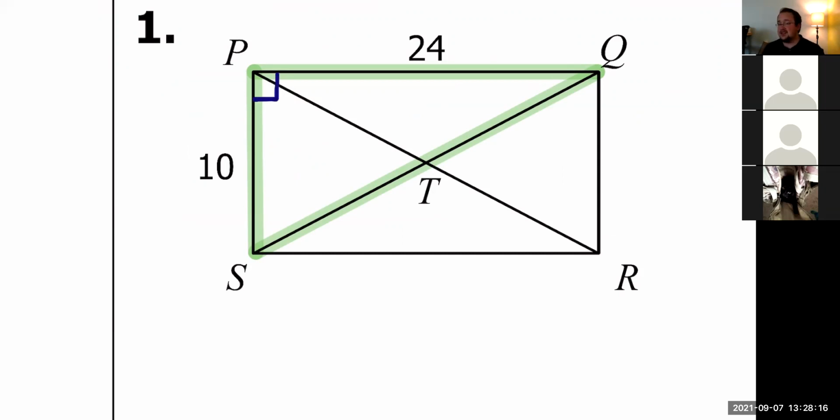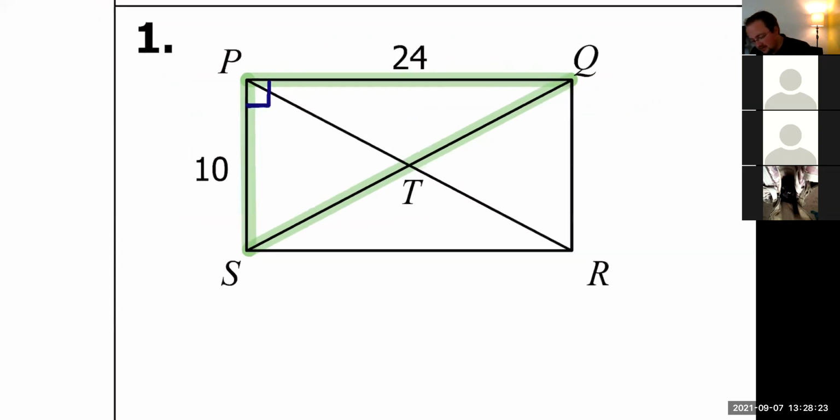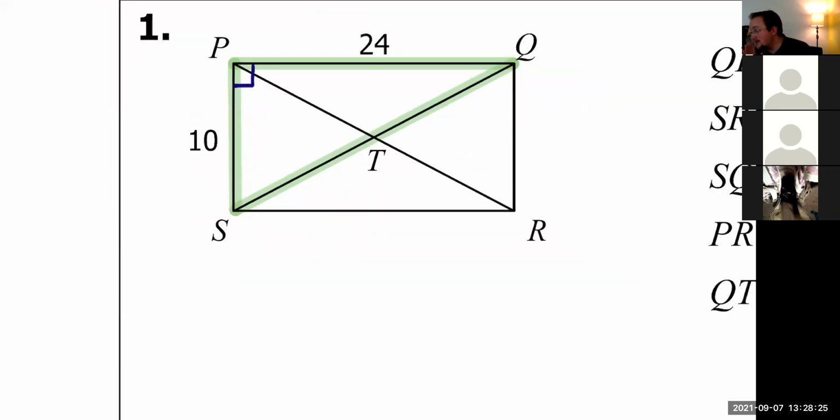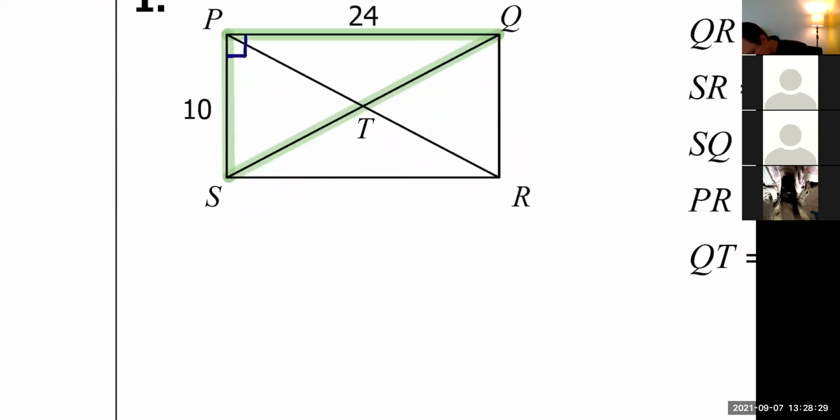I am missing its hypotenuse, for which I can use the Pythagorean theorem, because I told you triangles still find a way to sneak their way back into these lessons. So this is to find SQ.